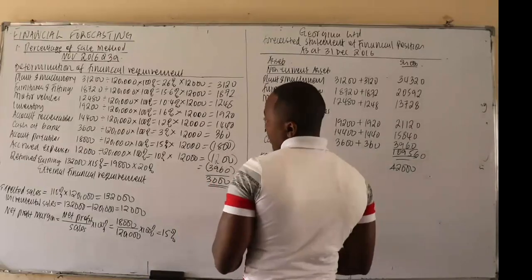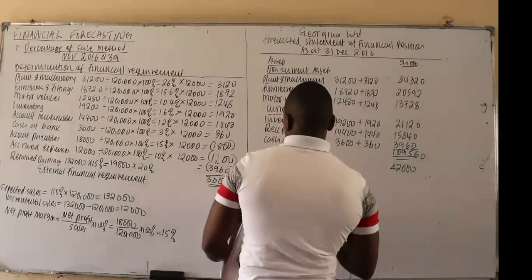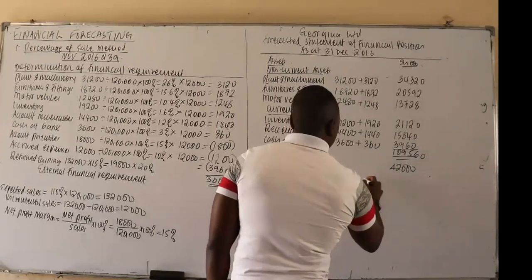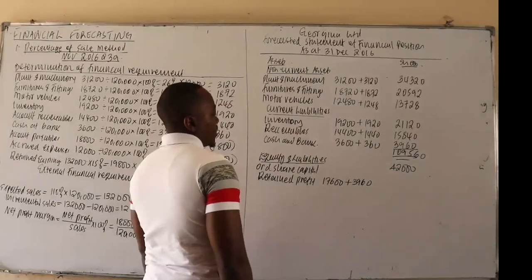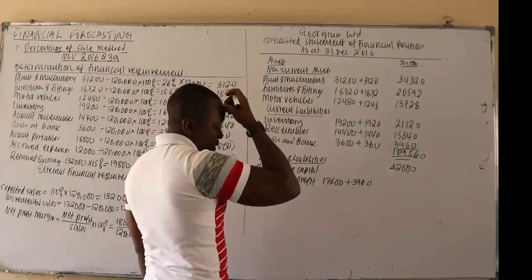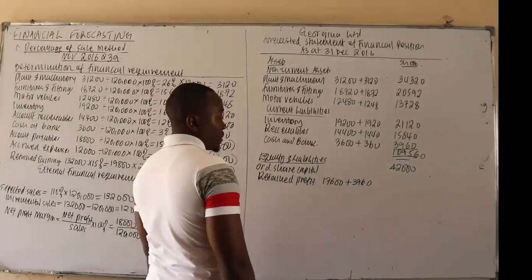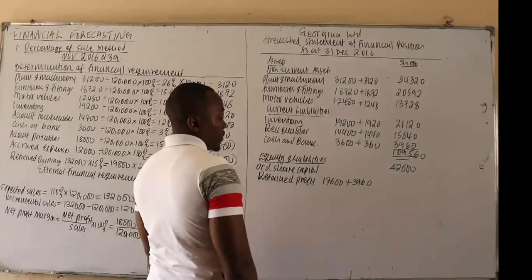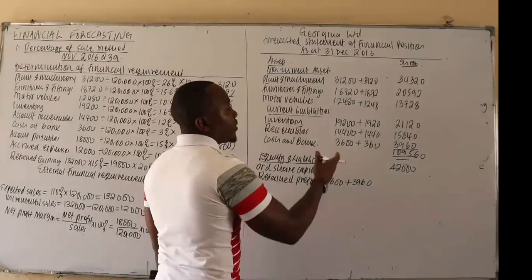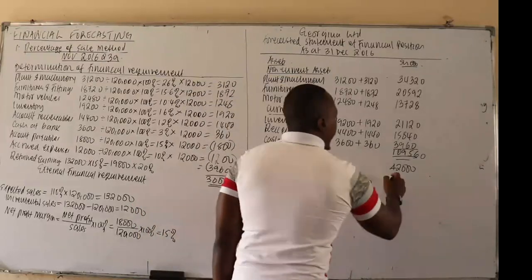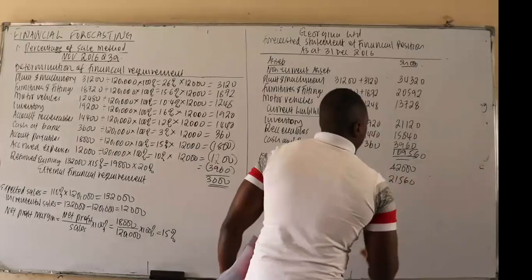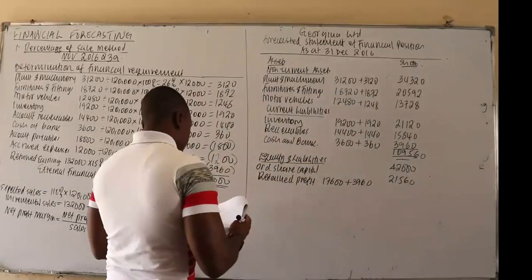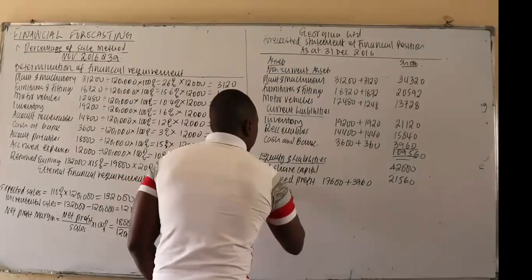And when you add the incremental retained earnings, amount of 39,60, that one you get, is that 21,560? And what are you getting? 1,560. Then we have the non-current liabilities.